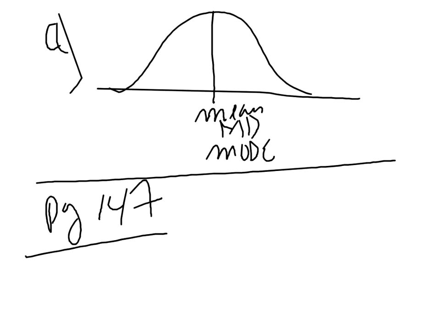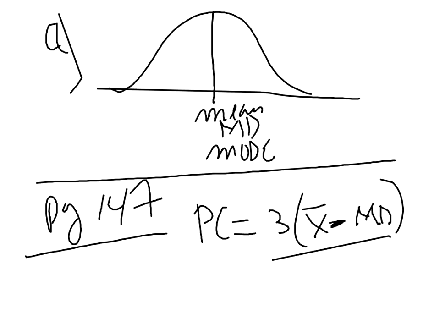I won't be having any questions on this, but I think it's important that we're aware of it. This talks about the Pearson coefficient, and it's basically a formula. The formula says you take 3 times the sample mean minus the median, in parentheses, and then that gets divided by the sample standard deviation.